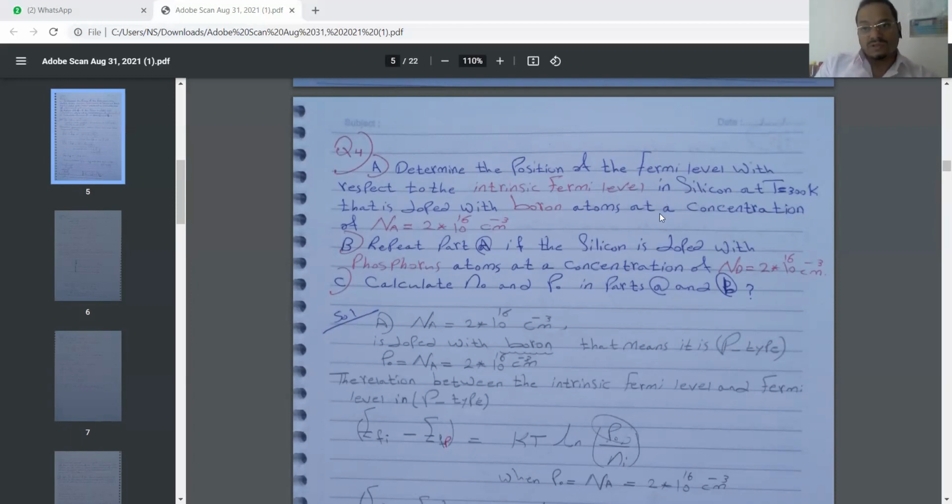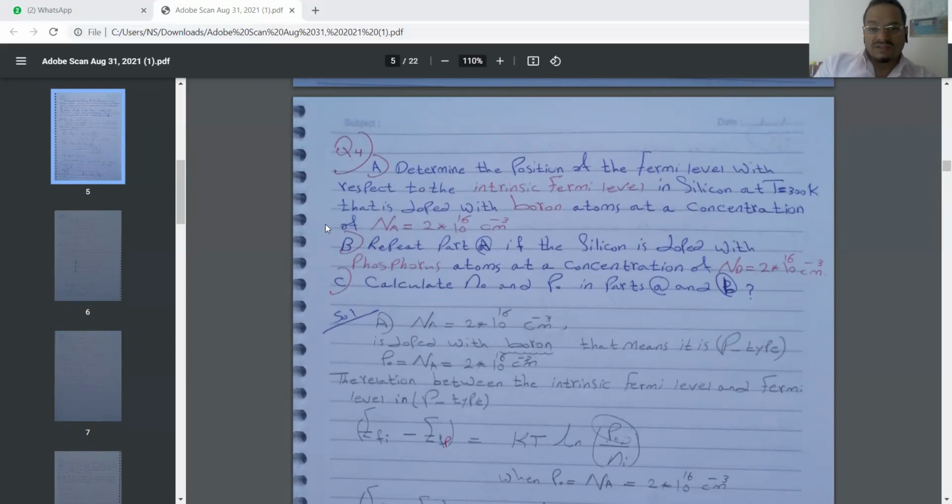That means we are dealing with a p-type semiconductor, and Na, the concentration of acceptors, equals 10 to the power 16.